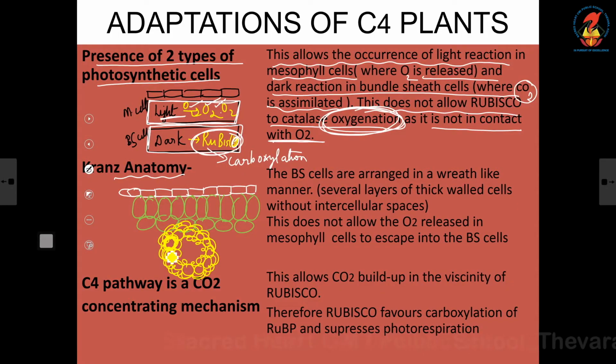So, to say completely, bundle sheath cells are made up of several layers of thick walled cells.